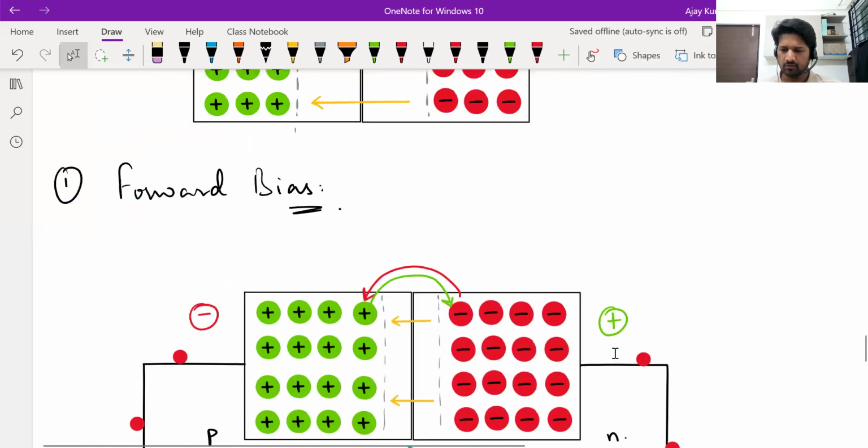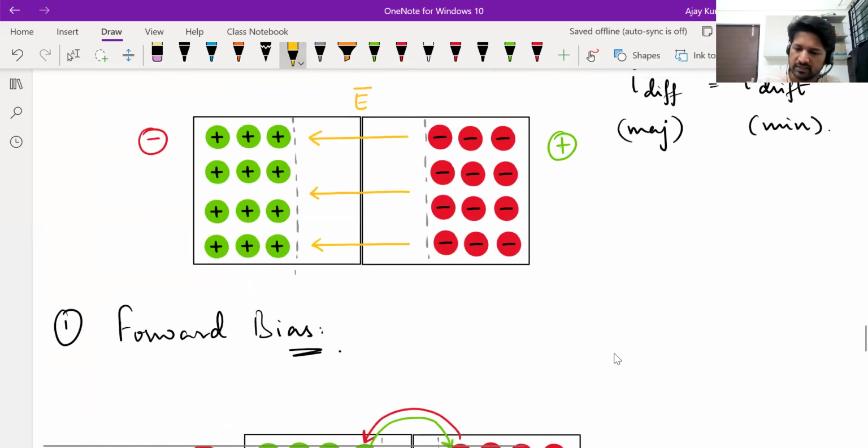Now, if the applied voltage is very small, there won't be a significant decrease in the electric field. If there is no significant decrease in the electric field, there will not be a significant increase in the diffusion process.